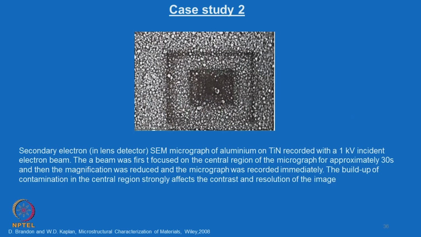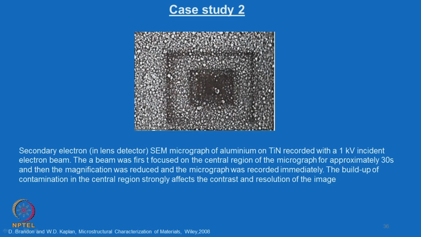And then we also looked at this micrograph, where I showed the SEM micrograph of aluminum on titanium nitride with a 1 kV incident electron beam. Then I explained the reason for the difference in contrast between the center, the rectangular region around it, and the periphery region.